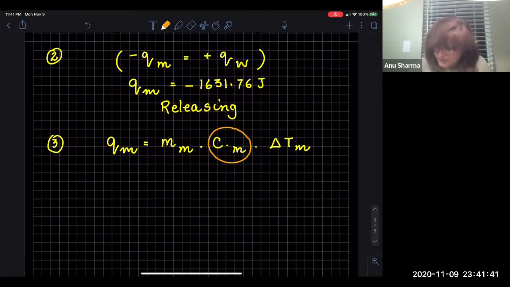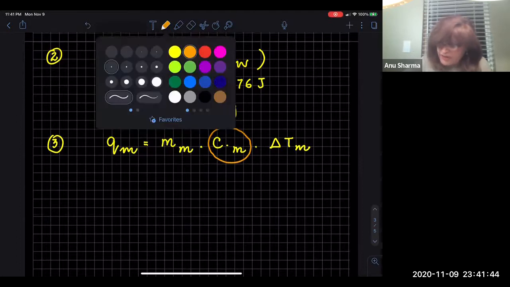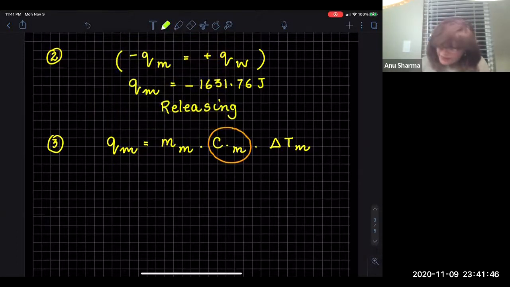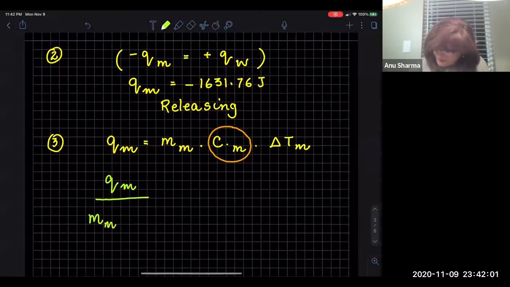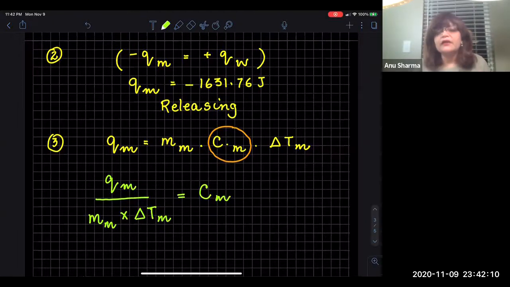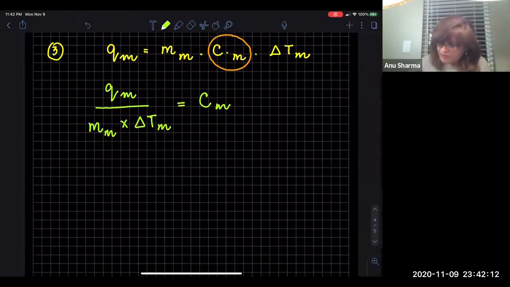When we rearrange, we have Q of metal over the mass of metal times the change in temperature of metal, and that is going to be the specific heat of the metal. Okay, so let's put these numbers in now.